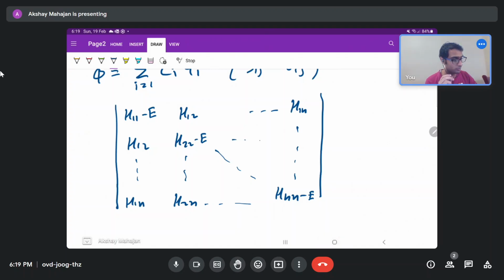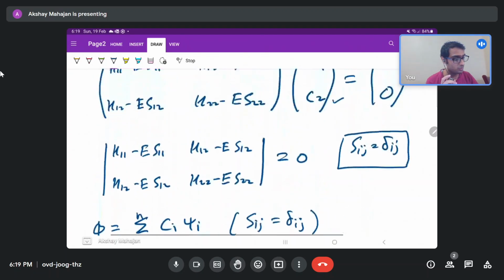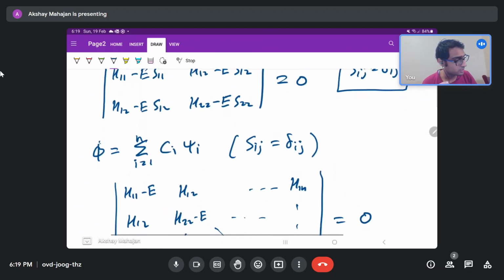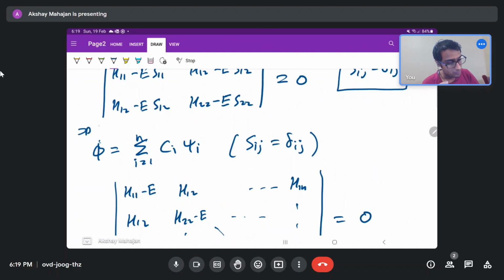So this is basically a quick revision of what the linear variation principle is. Generally, the questions that you have solved are for a 2 cross 2 determinant, and you can have a combination of n orbitals, n trial wave functions.